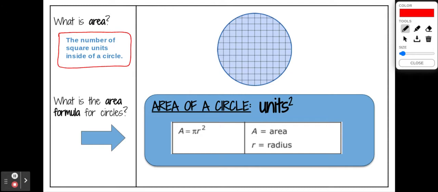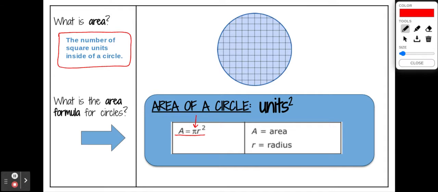All right, what is the formula to find the area of a circle? To find the area of a circle, you take pi times radius squared. Go ahead and write down this formula in your notes. Remember that the special number we're going to be using for pi is approximately 3.14.